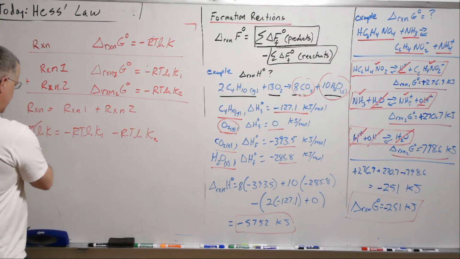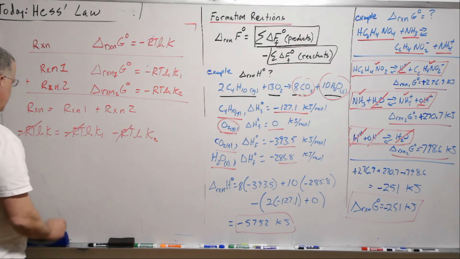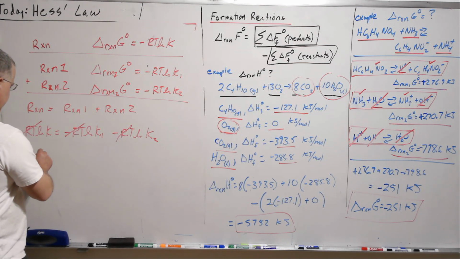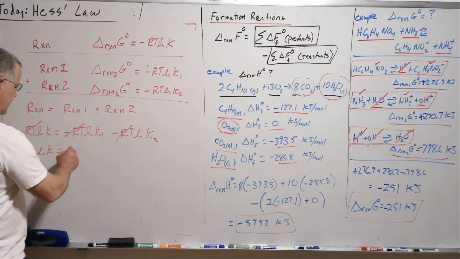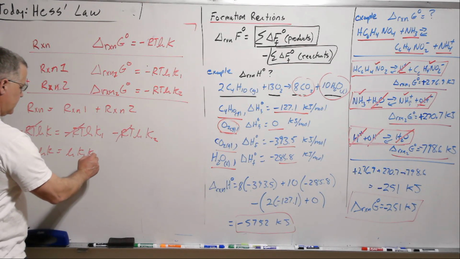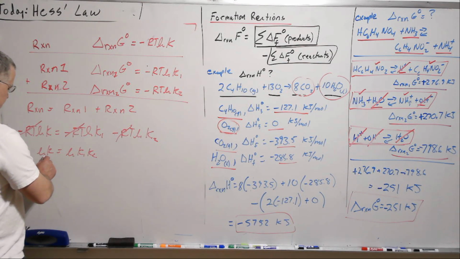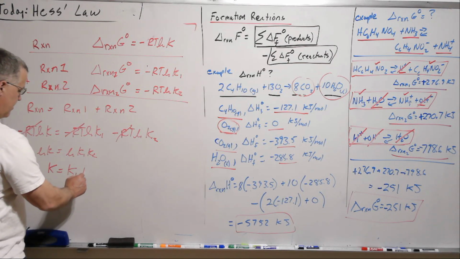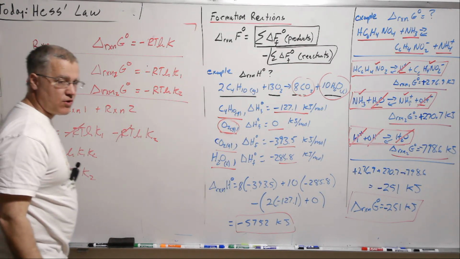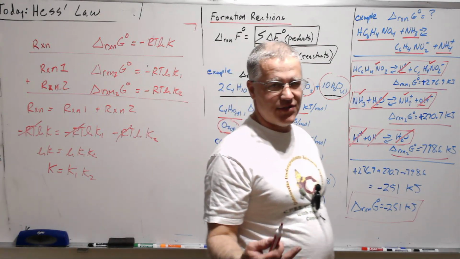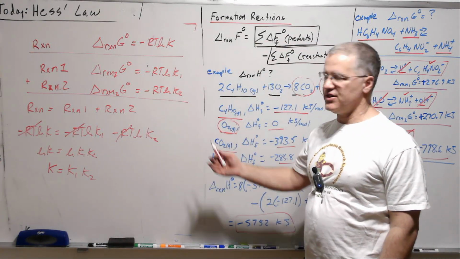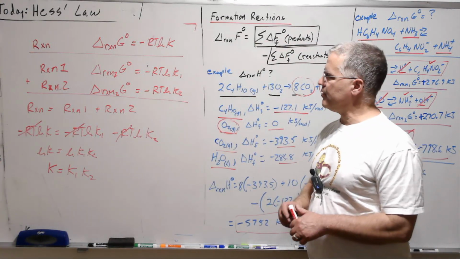And I can cancel out a minus RT, and then I can use the property of logs. So log of K equals log of K1 times K2. And then I can exponentiate both sides. So K is the product.